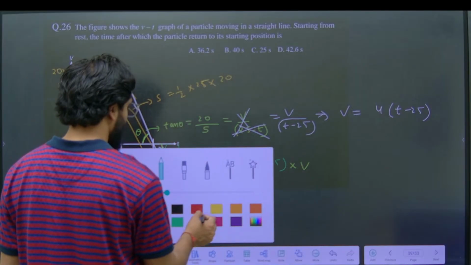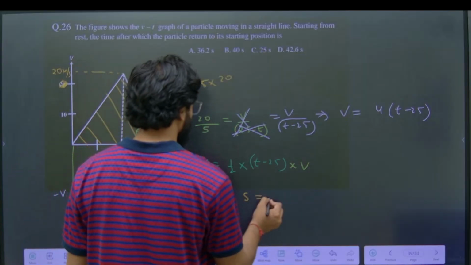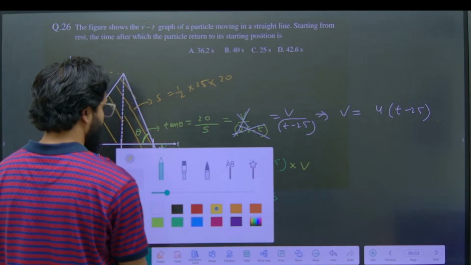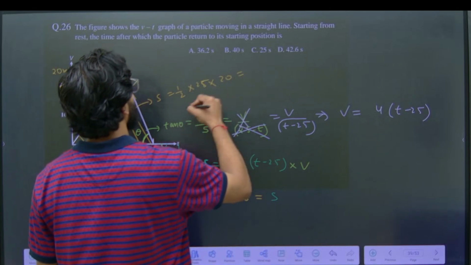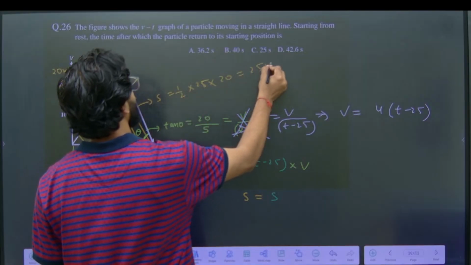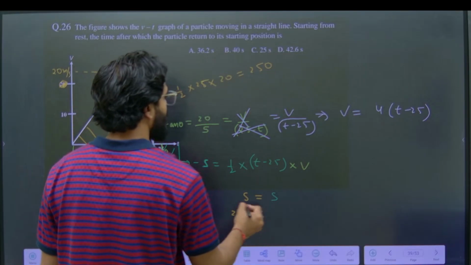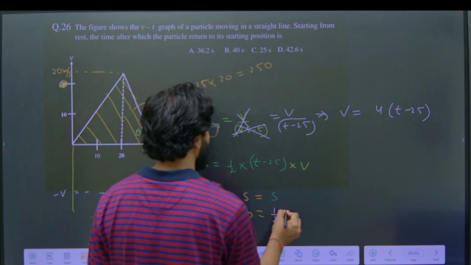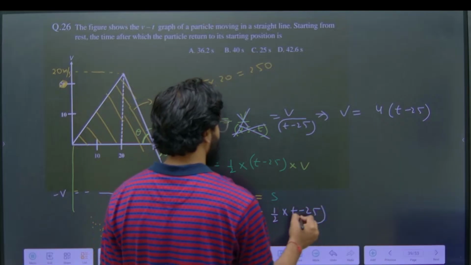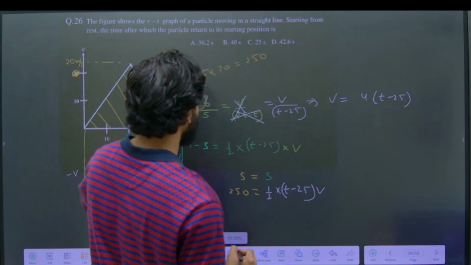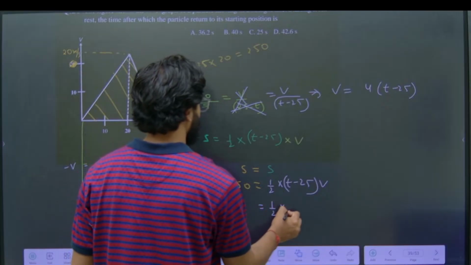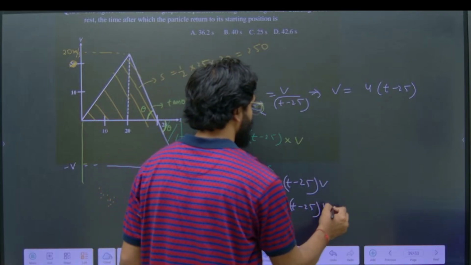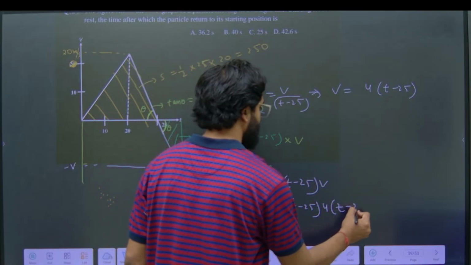So yellow equals green in magnitude. The yellow one is half into 10 into 25, which is 125. It equals the green one, half into t minus 25 into v, and v is 4 into t minus 25.